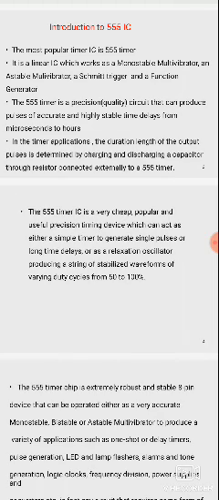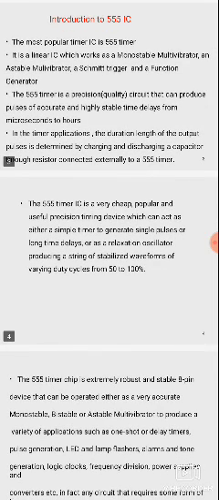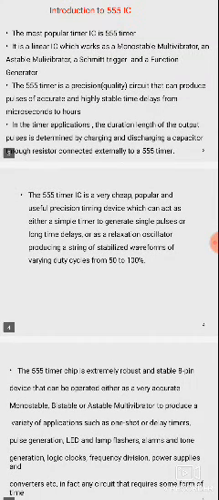Next, the main advantage of the 555 IC is that it is a very cheap IC, and it works as a timer. It is a popular and useful precision timing device which can act either as a simple timer to generate single pulses or long time delays, or perform as a relaxation oscillator.